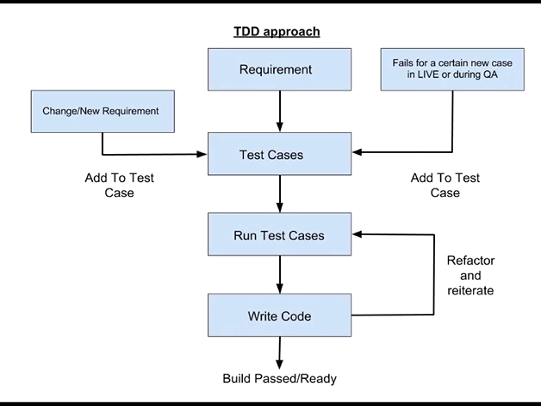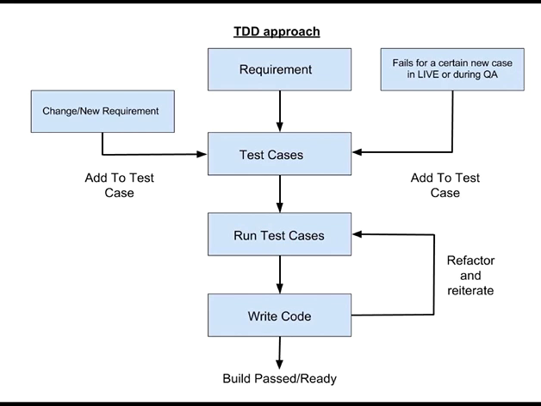Either you need to add a new test case, or you need to change the existing test case. After you do that, you run the test cases again. It will fail because you have not implemented that. Either it may fail or it may pass, depending on the function implemented, if it's a new one. If it fails after the new requirement, you refactor, write it, and test the cases again.